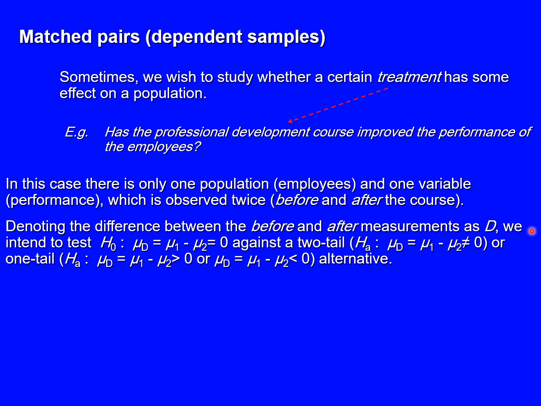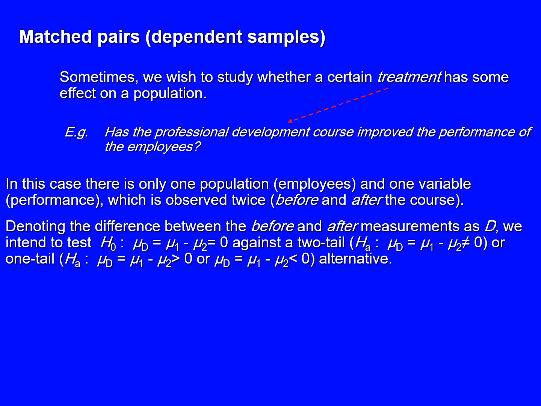We take the difference between the two measurements for each observation, and we treat the difference as the random variable with a sampling distribution, and continue the test as if we are testing one mean for one population.